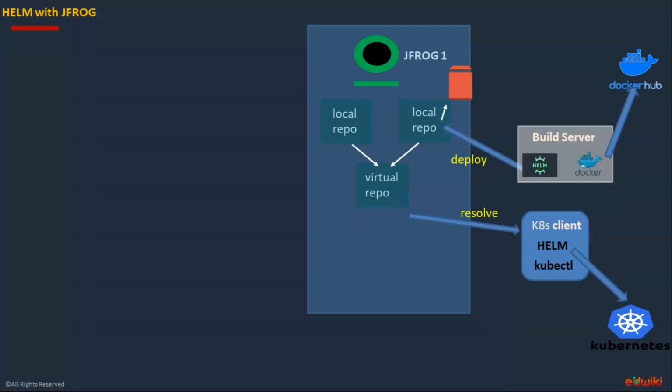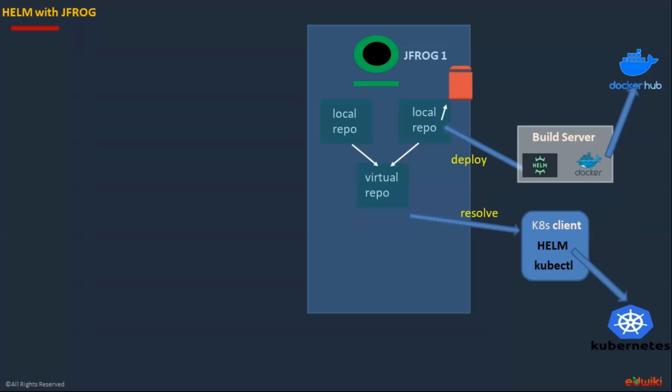That means you don't need to download and install Docker Hub software on your own machine. Docker Hub is available as a software as a service model. You just go to the browser, go to hub.docker.com, and use it.